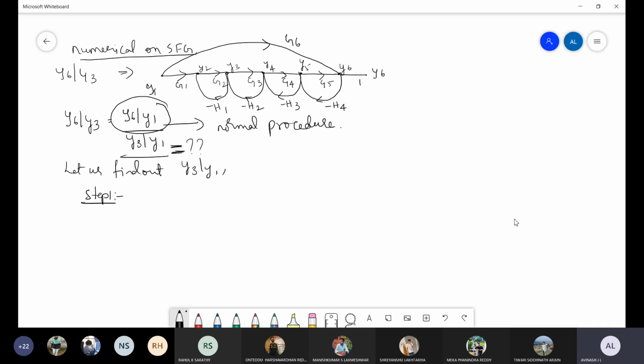So y1 is here. Forward path means it will go to g1, then g2, and only g1 g2. So forward path 1, P1 dash, is g1 into g2.